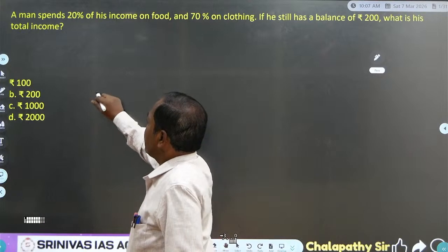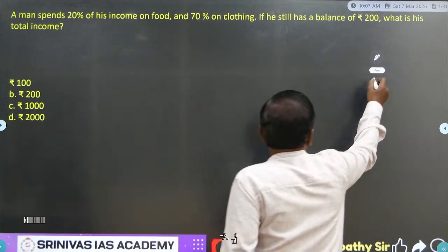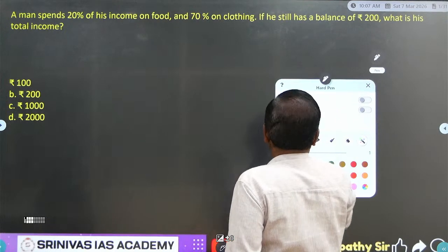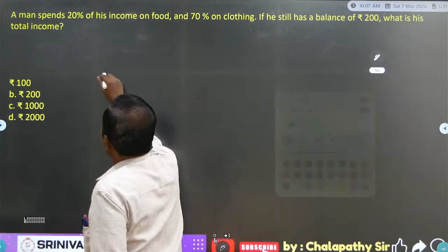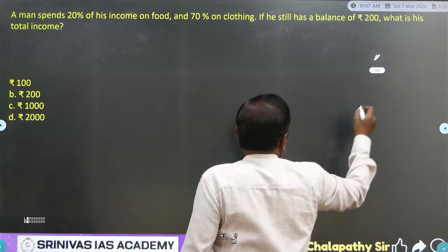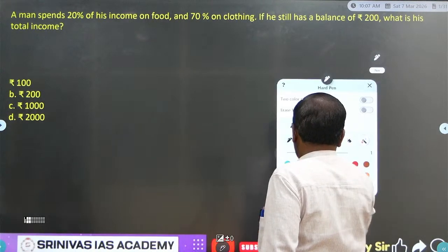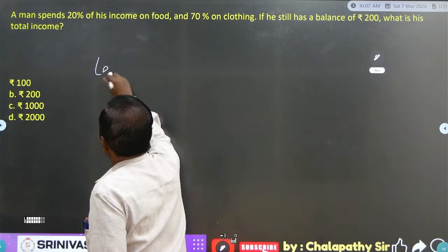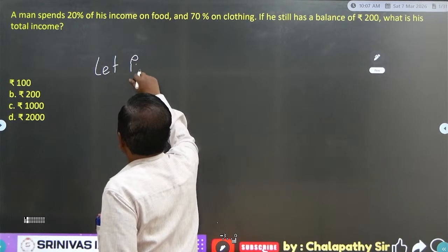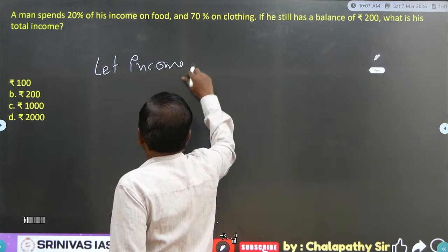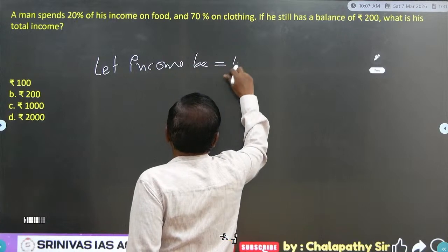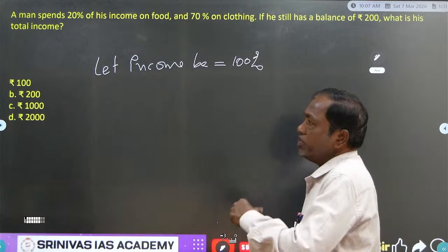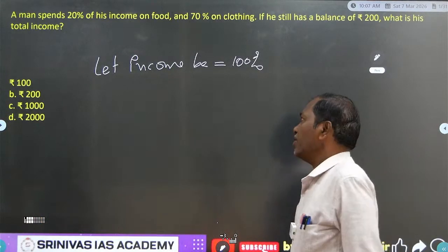So let income be 100%. Whenever we use the word 'let', that is called imagination, an assumption.